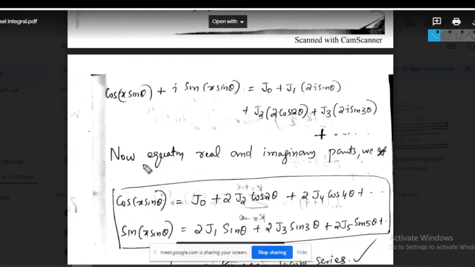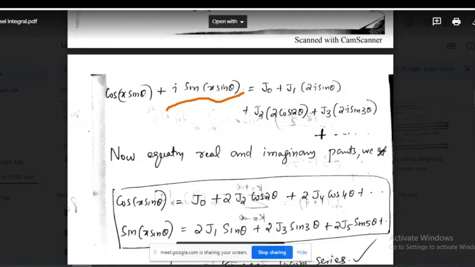So we have cos(x sin theta) plus i sin(x sin theta) equal to J0 and so on, and what we do is we equate the real and imaginary parts. Real part here is cos(x sin theta), and on the right the real part is J0 plus J2 2 cos 2 theta, like that. When we compare the imaginary part, here we have sin(x sin theta), and on the right I will have J1 sin theta, then J3 sin 3 theta.